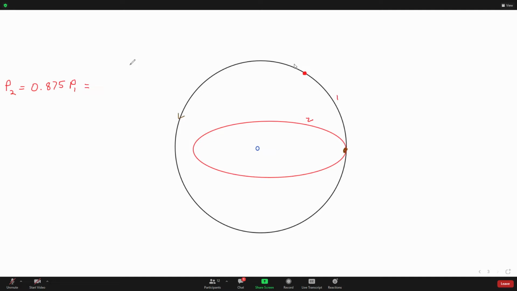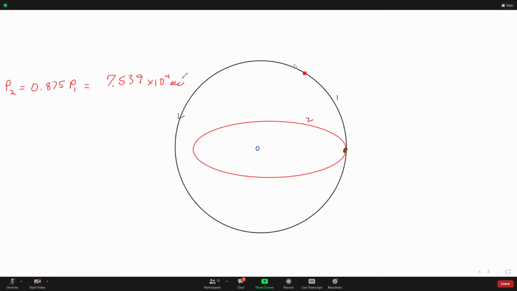Let's see, I have all these data. Here we go, 86,164 seconds. So 0.875 times 86,164 seconds. So the period is 7.539 times 10 to the 4 seconds.